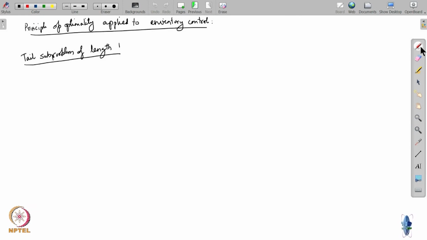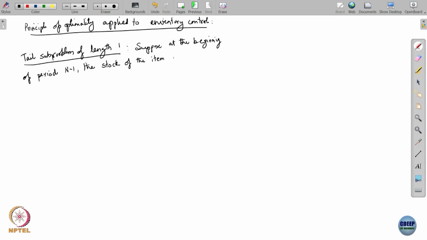So, suppose at the beginning of period n minus 1, the stock of the item is x_{n-1}. So, you have x_{n-1} units of the item.